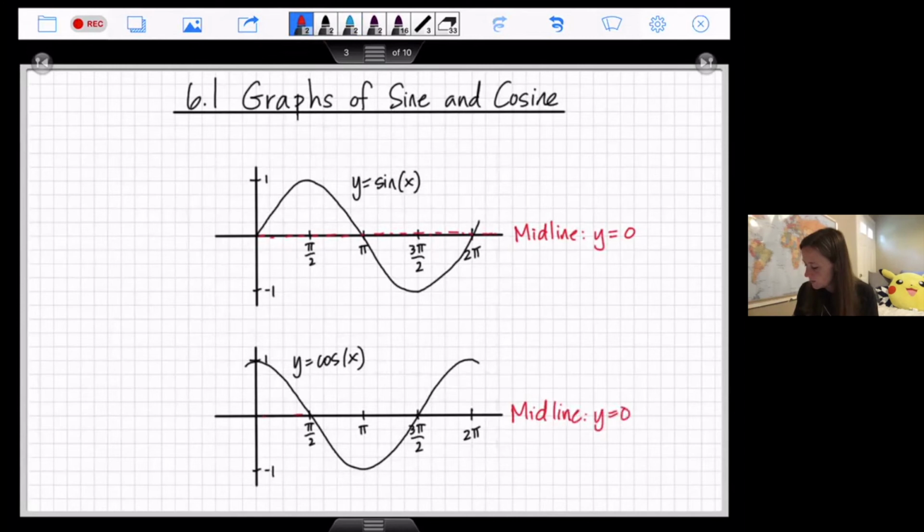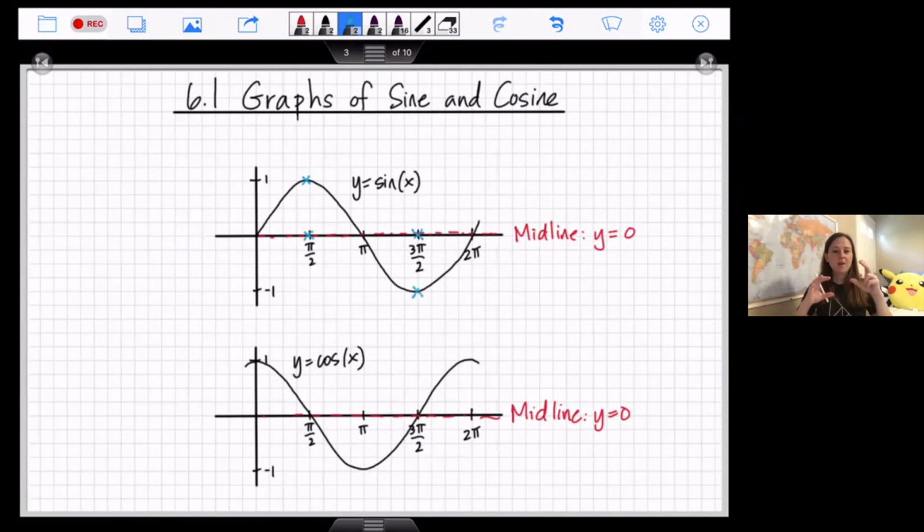We know that we can move that around by adding or subtracting using our transformation rules. That's what we're going to look at in the next video. The next term we want is the amplitude. The amplitude of the graph is from the midline to a peak or from the midline to a trough. So the amplitude is from the midline to a high spot, or over here at 3 pi over 2 from the midline down to that trough.